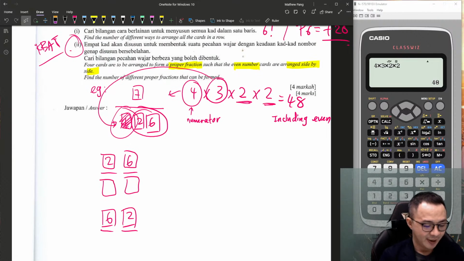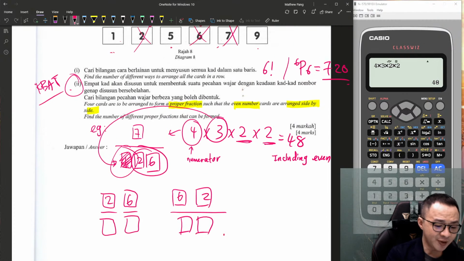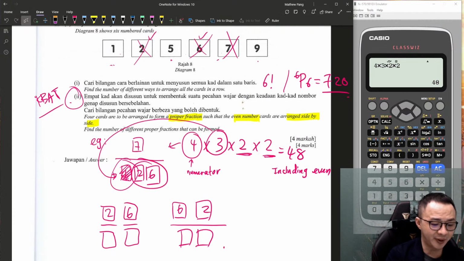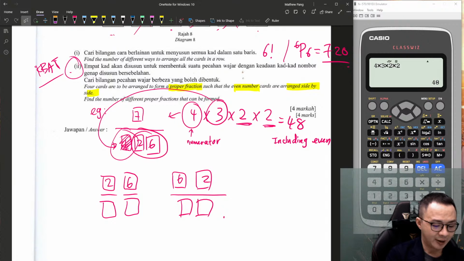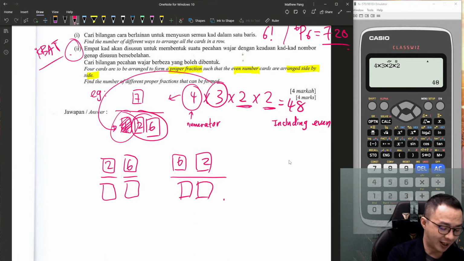Okay. One by one, okay. I think we must include even number, or else the possibilities are quite a lot. Okay, if 2, 6, right, because I want the bottom to be smaller than it, I can only start with the number 1. So this is only one way, 1.